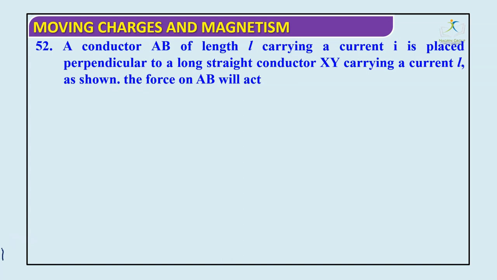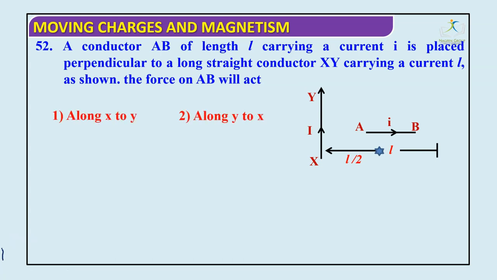The force on AB will act: along X to Y, along Y to X, to the right, or to the left. This is a theoretical question, so you can solve it. The correct answer is the first, X to Y.